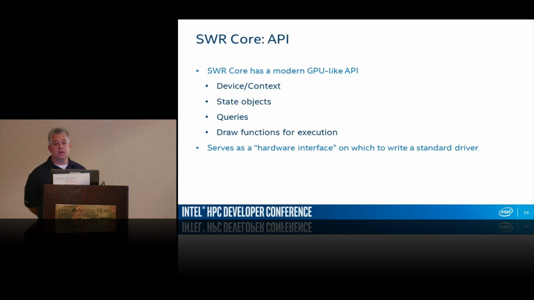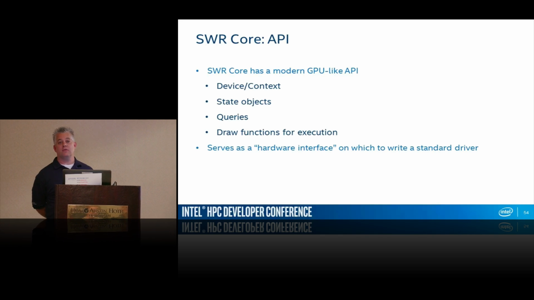It's really not much different than if you were writing a driver for any modern hardware GPU. So we almost think of the SWR core as a software GPU, and that serves as the interface on which we write a standard driver. The OpenSWR driver that we have in the MESA stack is not that much different than any driver you would write for any of the hardware GPUs that are out there.